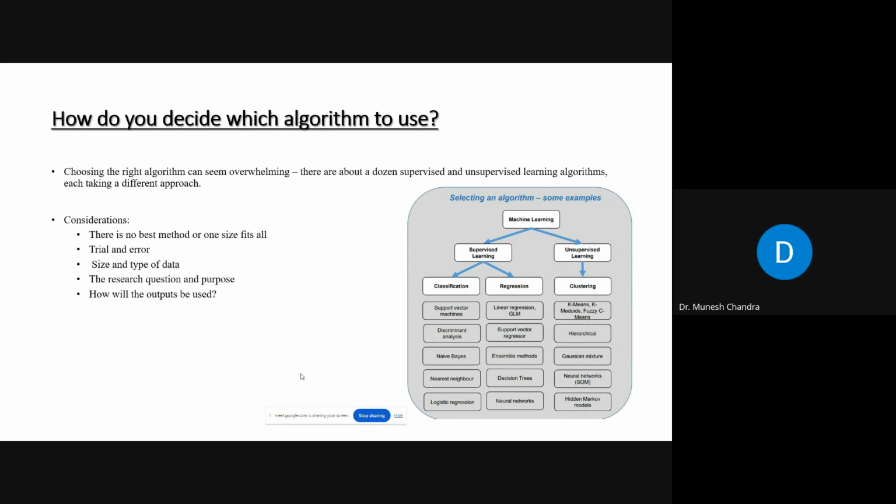We cannot say that SVM always gives the better result, or CNN always, or naive Bayes always. It depends on the size of the data, whether the data is structured or unstructured, and whether the data is small or large. Depending on all these parameters, we can decide the algorithm. No method fits all categories.